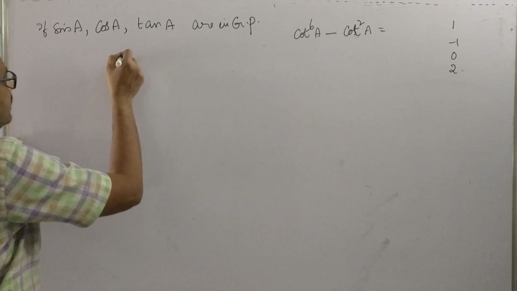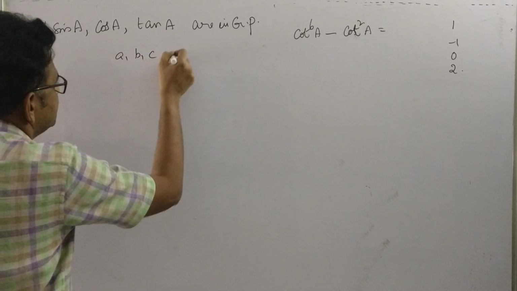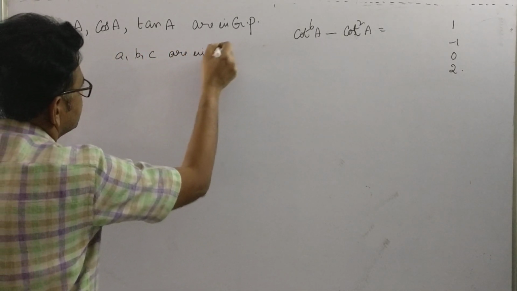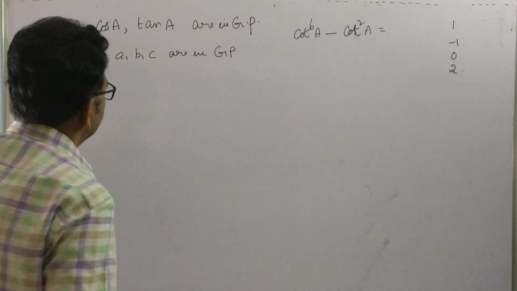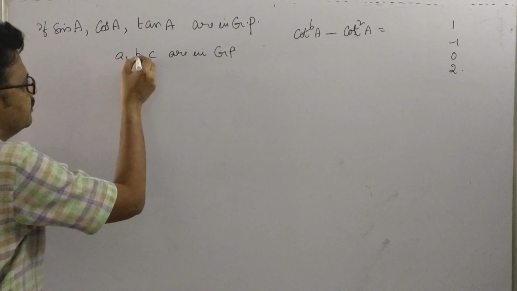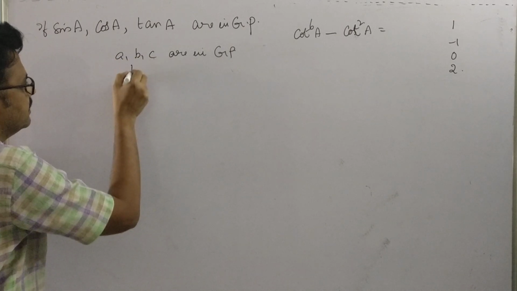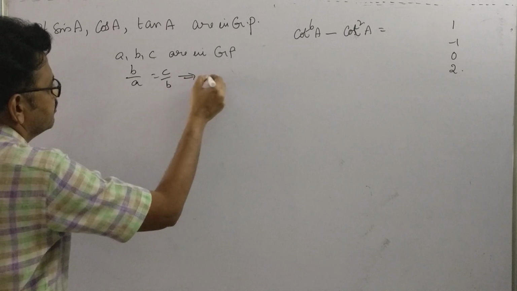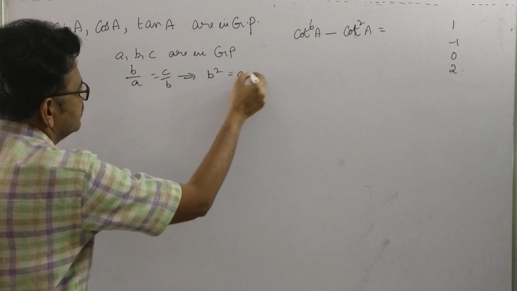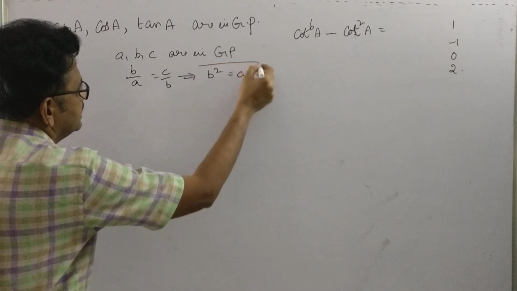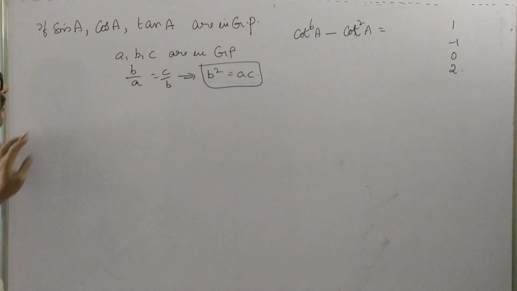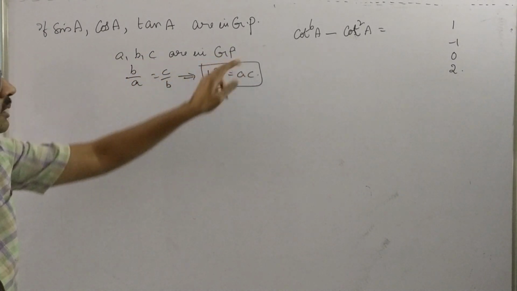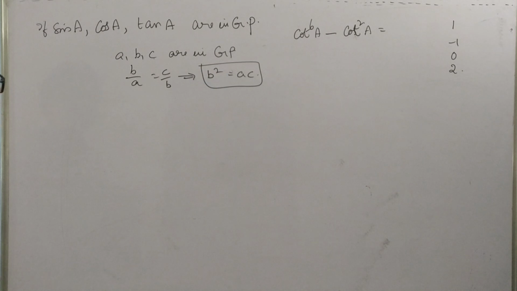So if A, B, C are in GP, it implies the common ratio is equal, that is B/A is equal to C/B, which implies B² is equal to AC. So A, B, C are in GP implies B² equals AC.